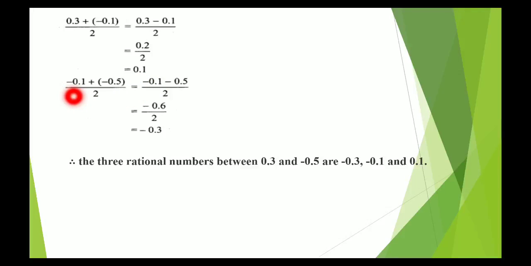Then the first answer we got, minus 0.1, plus minus 0.5 upon 2. After doing the calculation, we will get the answer minus 0.3. So the 3 rational numbers between 0.3 and minus 0.5 are minus 0.3, minus 0.1 and 0.1.